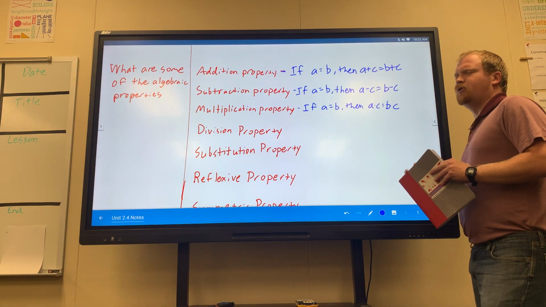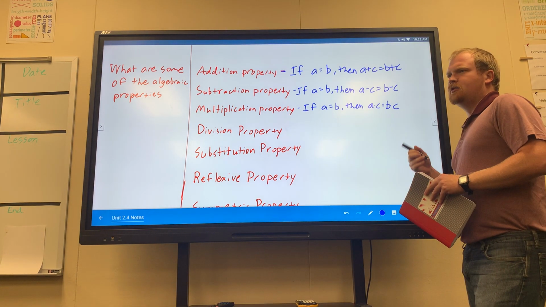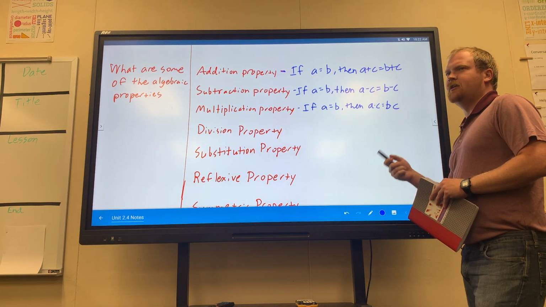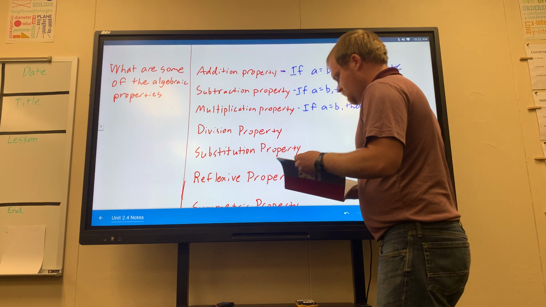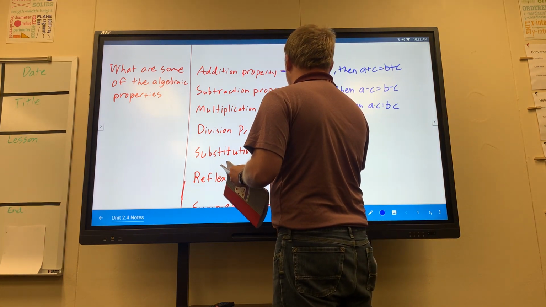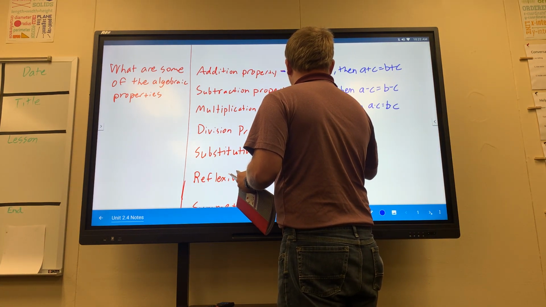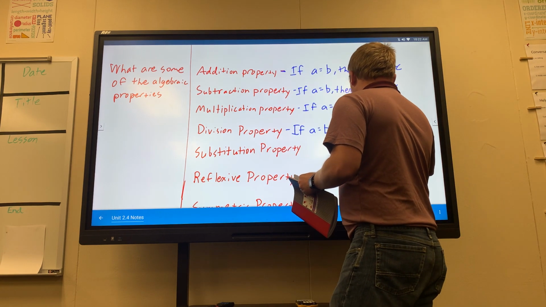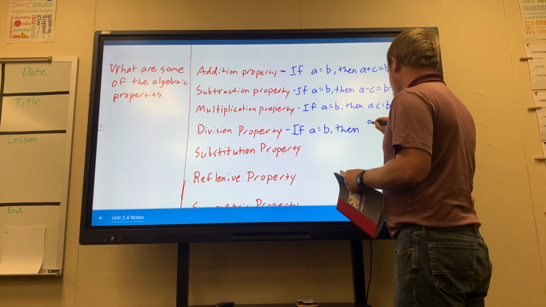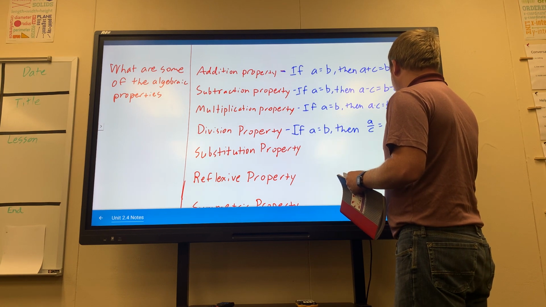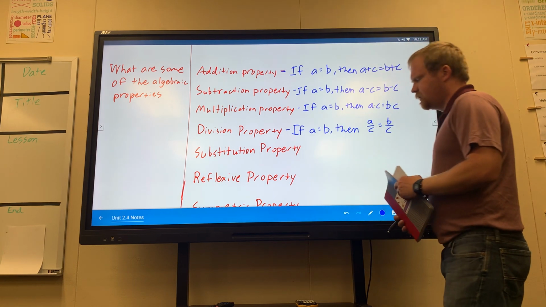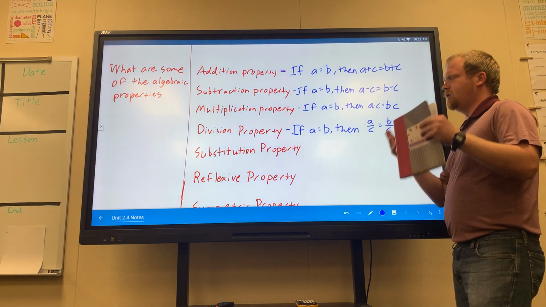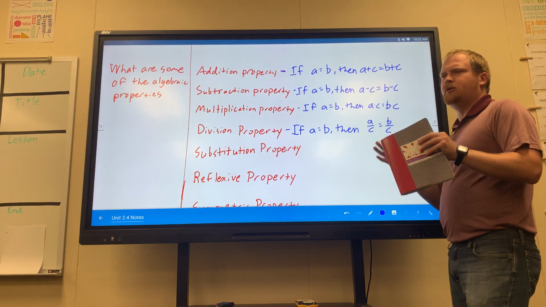So it works out the same way with multiplication as well, because whenever you multiply A and B, it has to be the same on both sides. And now division property, if A equals B, then A divided by C equals B divided by C. And again, same thing works for division. It all works the same way.